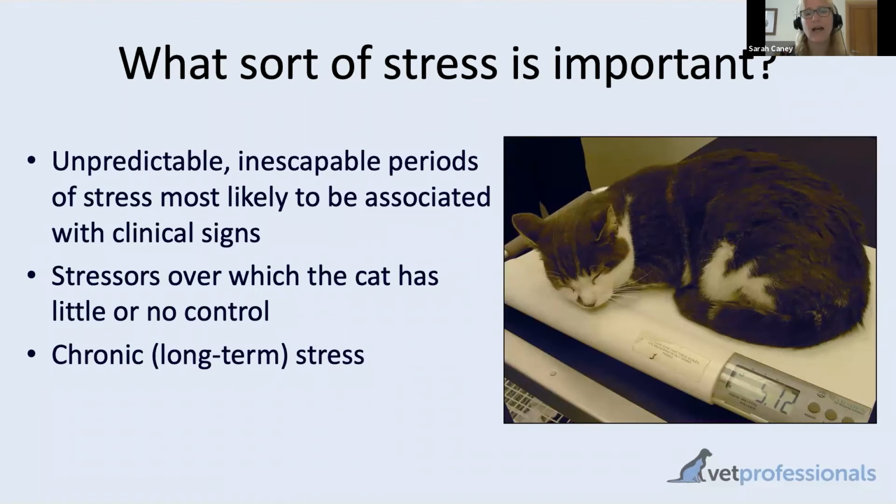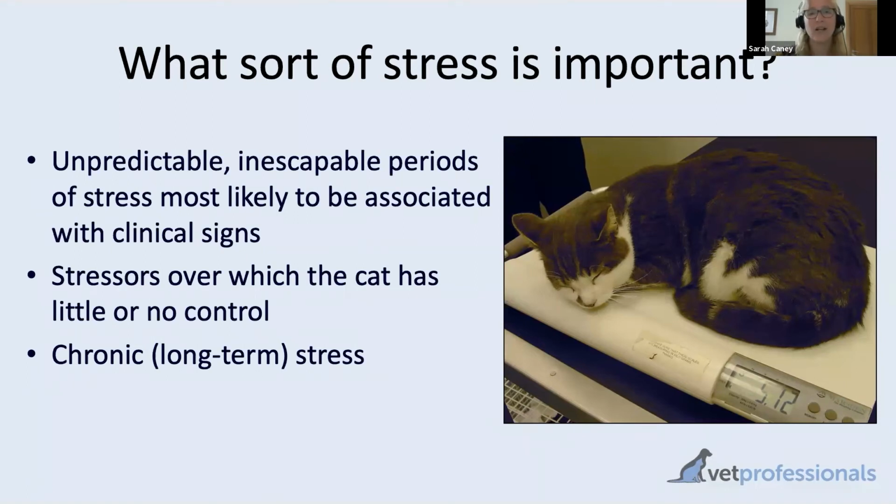And this cat on the right hand side, just for illustration, this is a cat at a vet clinic, so it's not at home, and the cat's being weighed, it's on the scales, but you can see this cat has its eyes closed. This is something we often see in the vet clinic, and it's not that this cat has thought, well, this is a fabulous place to have a snooze, I think I'll just go to sleep on the scales, which might be one interpretation.